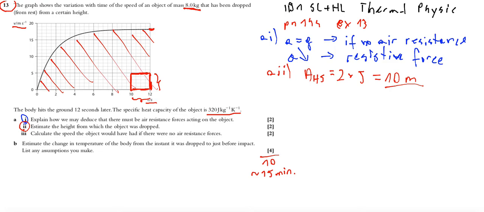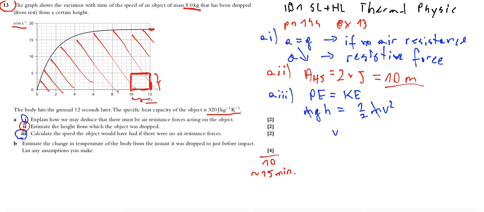Okay. A3. Calculate the speed the object would have had if there were no air resistance forces. Of course, the speed, if there is no air resistance, can be calculated by using conservation of energy. If there is no air resistance, then the potential energy of the object, mgh, is equal to the kinetic energy of the object, half mv squared.